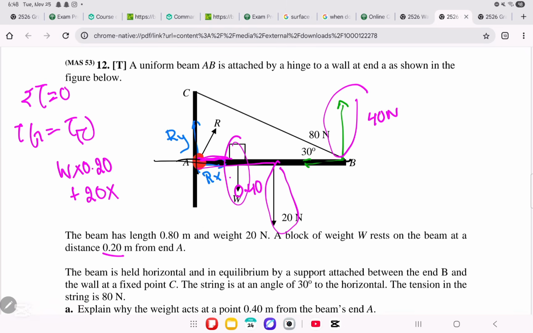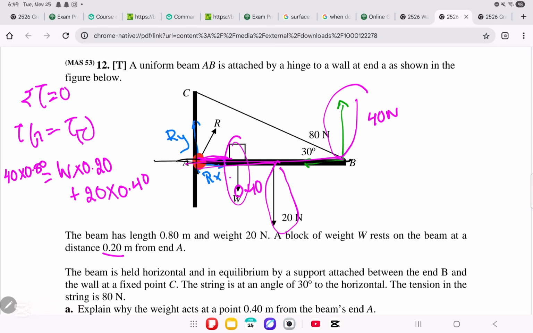How do I know? Because this is the weight of the beam and the beam is uniform, so it's going to go exactly at the geometrical center of the beam, so it will cut it into two equal parts, 0.40 and 0.40. And then my torque counterclockwise is only 40 newtons acting on it, so 40 times the perpendicular distance, which is all of it, which is 0.80.